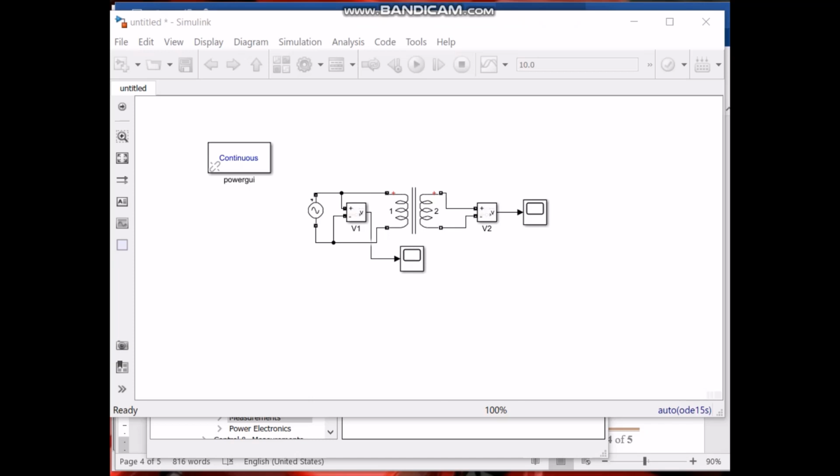For example, sometimes a transformer of larger rating is not available, and in that case we need to connect two smaller transformers in parallel so that we can meet the required loading. So these are the reasons because of which we connect the transformers in parallel.